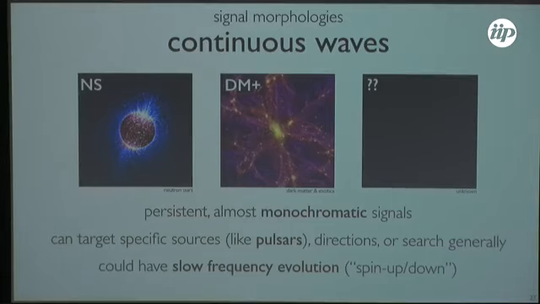The last two sorts of big categories of sources: the ones I mentioned so far are very short, we call them transients. But we also expect to see signals that are persistent, that last a very long time. That's the case, for example, for a signal from a neutron star. Just grab a single neutron star, and this object is almost a perfect sphere because it's so compact and it's under so much internal pressure. But it's likely that there would be some imperfection on its crust due to, for example, a very strong magnetic field at the poles or accretion or whatever it may be.